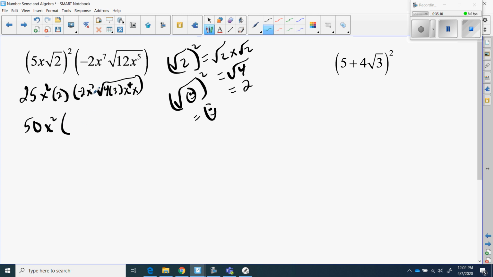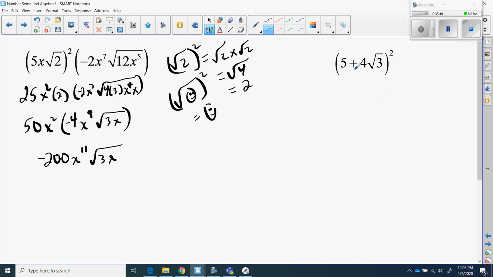Square root of 4 is 2, times that negative 2 will give me negative 4. The square root of x to the 4th is x squared times x to the 7th. Remember, you add exponents when you're multiplying, so that's going to be x to the 9. Square root of 3x. These are going to get multiplied together. They're out front beside each other, so it's negative 200x to the 11th square root 3x. That would be your simplified version.